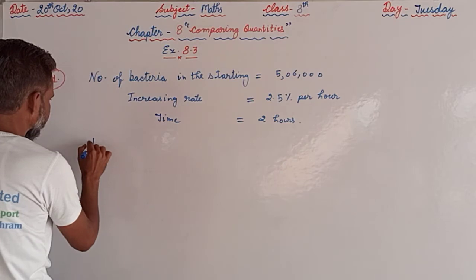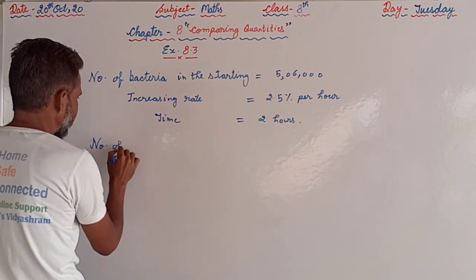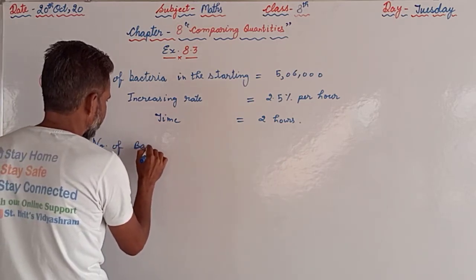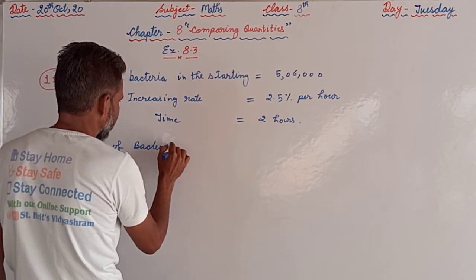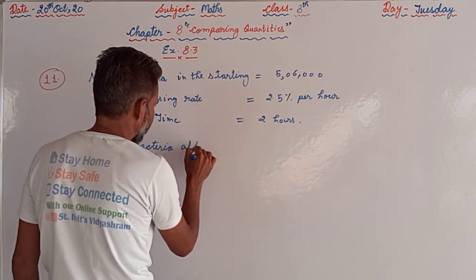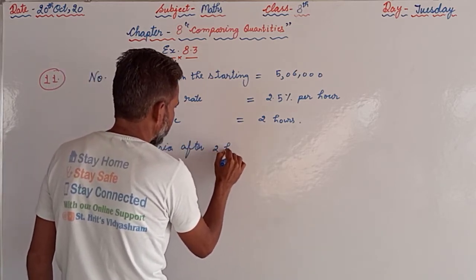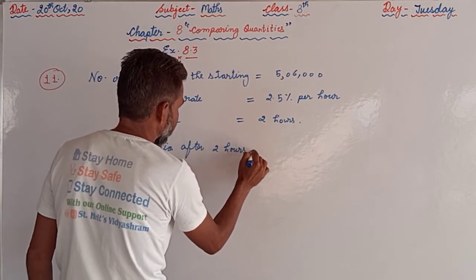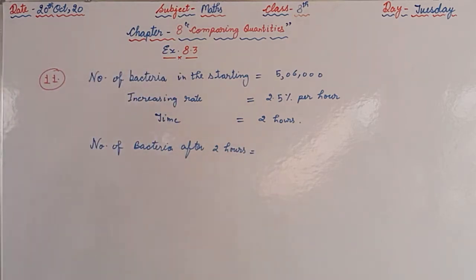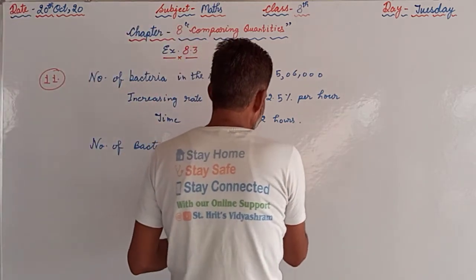So the number of bacteria after 2 hours will be found with the same formula that we apply for the amount.